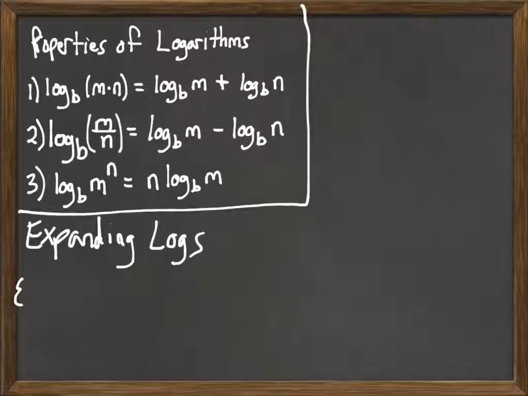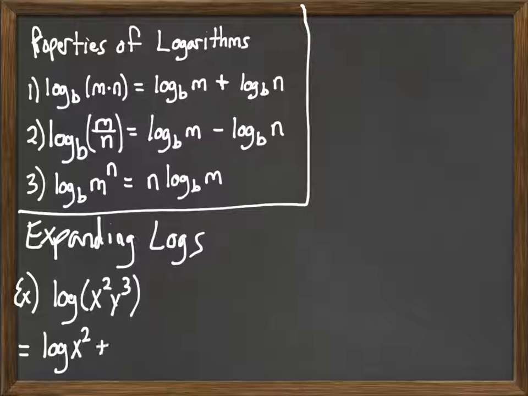And so let's see an example of what I mean here. Here we have a log, this happens without the subscript being log base 10, of x squared times y cubed. So our property up there says that the log of a multiplication problem can be broken down into the sums of the two logarithms. So we can take that log of x squared y cubed and break it out as log x squared plus log y cubed.